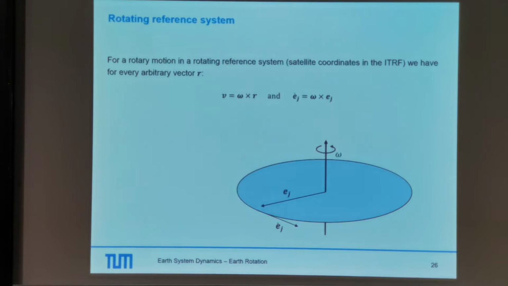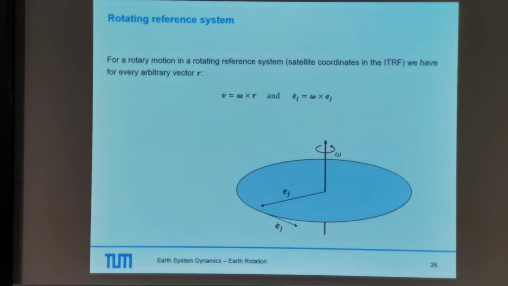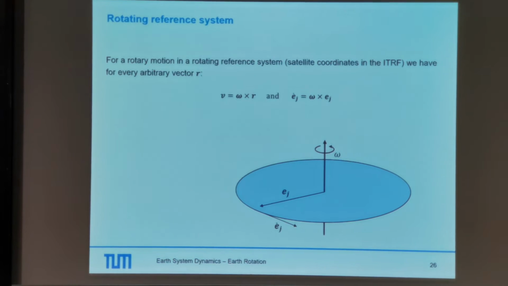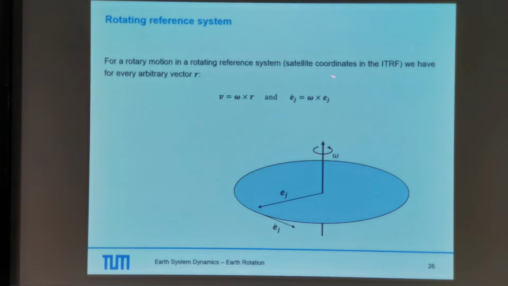So this reference system is now rotating, which means we have to handle somehow the temporal variations of the unity vectors of the ITRS system, and since they co-rotate with the Earth, they can be simply expressed like this.